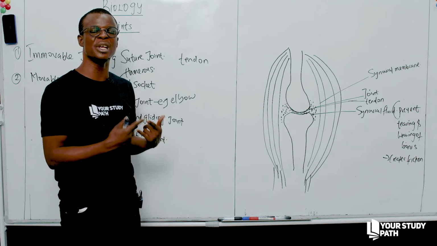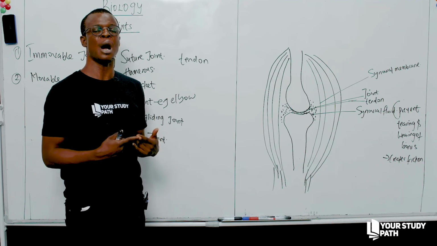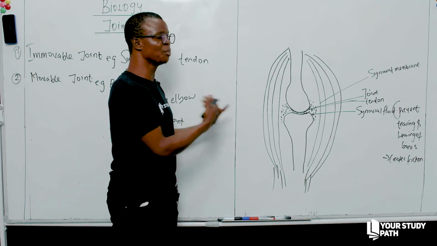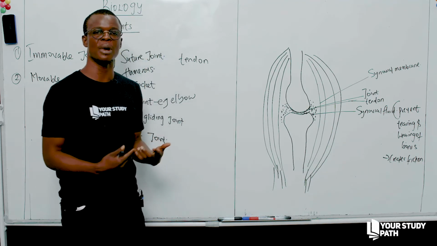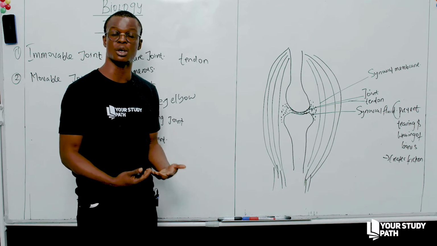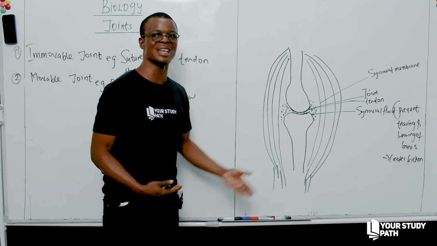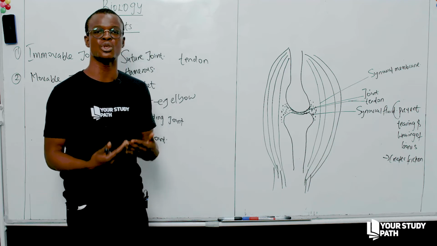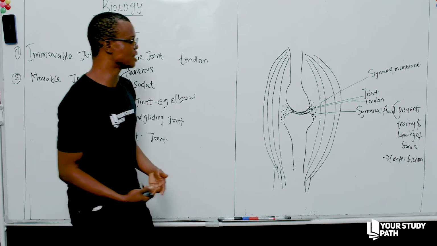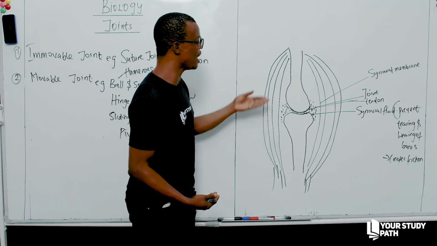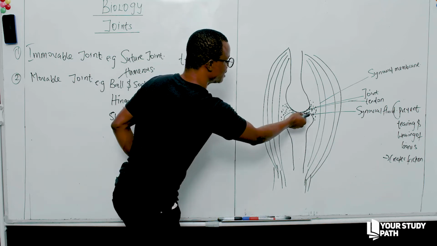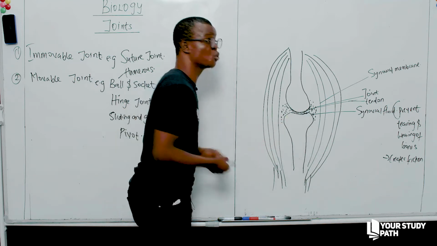It will bring pain to the body. And once this starts taking place in a human, either as a result of an accident or an injury that leads to the drainage of the synovial fluid, or as a result of old age, because as an individual ages, the cartilage that is located at this upper region will start wearing off.